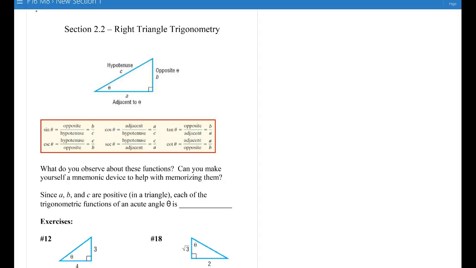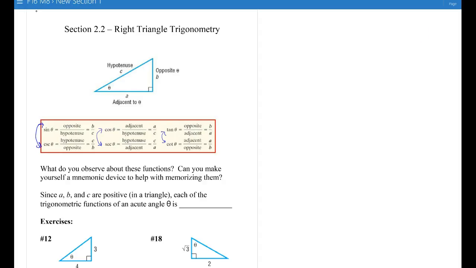So what do you observe about these functions? Which ones are reciprocals of each other? Sine and cosecant are reciprocals of each other. Cosine and secant are reciprocals of each other, and tangent and cotangent are reciprocals of each other.